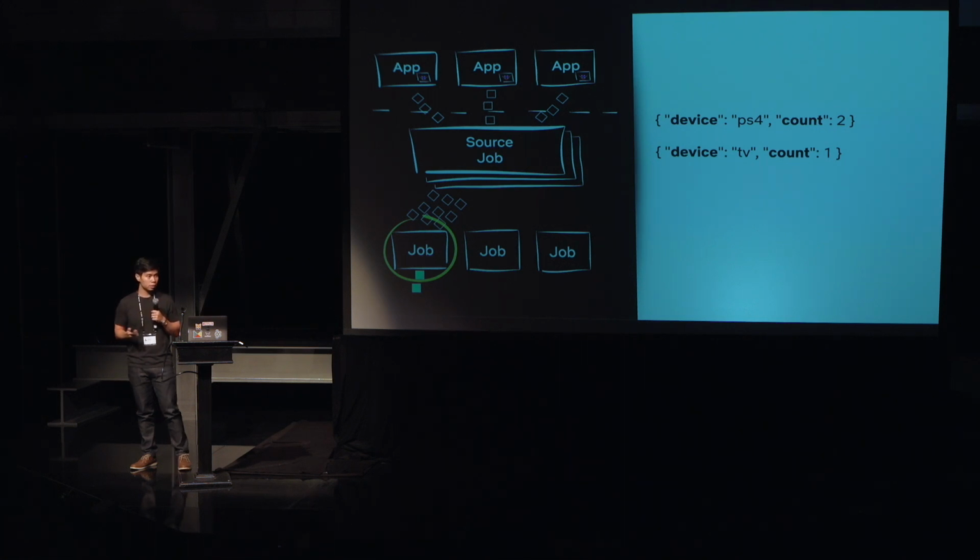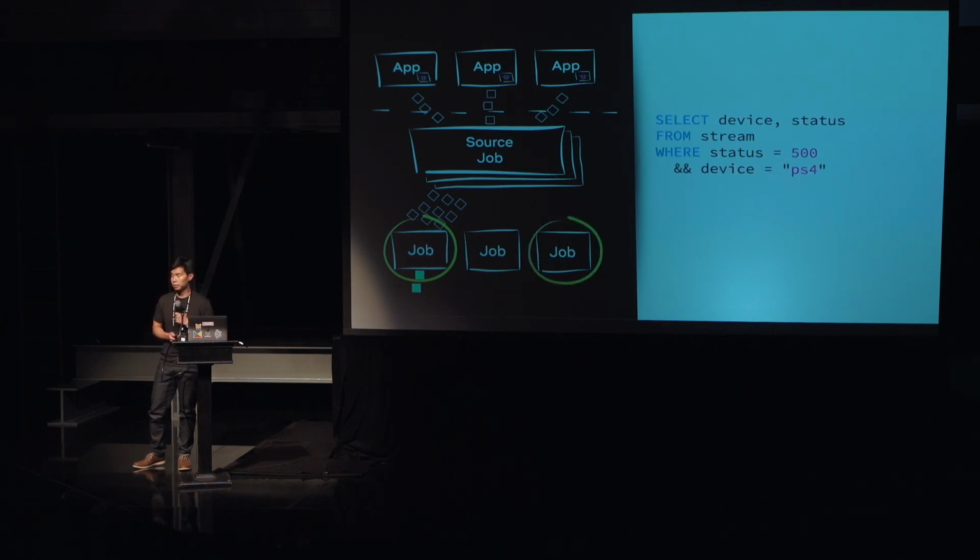Now, let's say somebody else comes along and they want to submit another query using another Mantis job on your right. They'll submit this lightweight query. There's only one part, so they ship this part up only. This time it's asking for status 500 for PS4. They're only interested in errors from PS4.